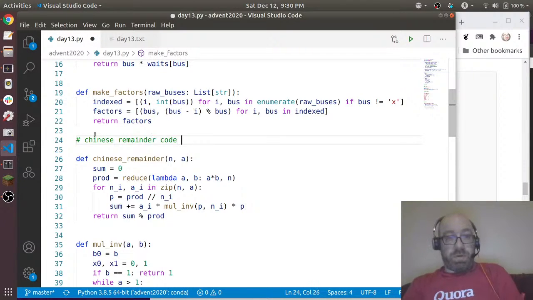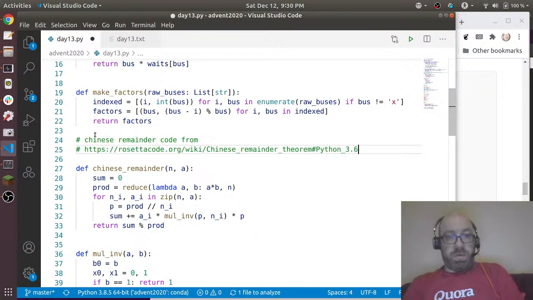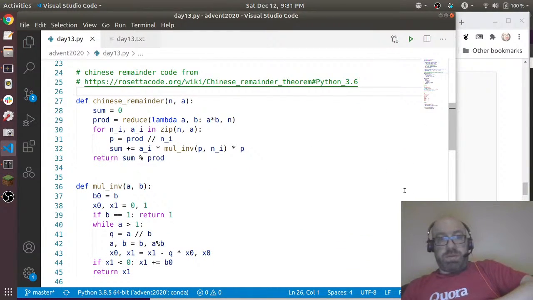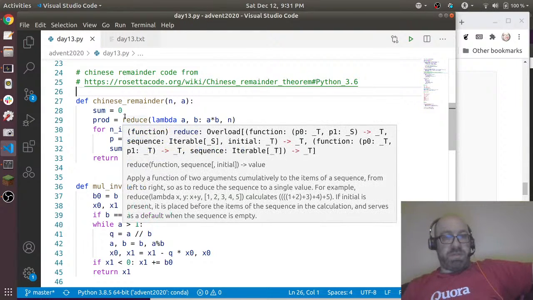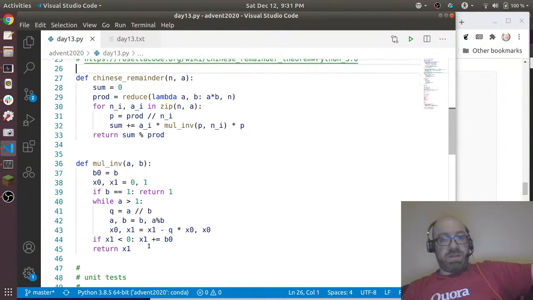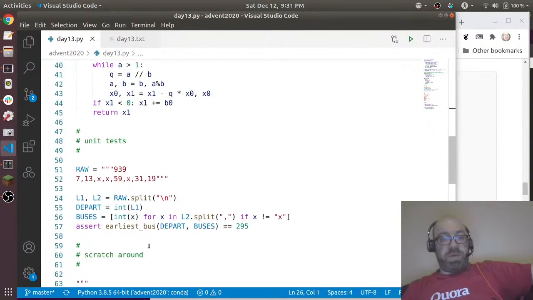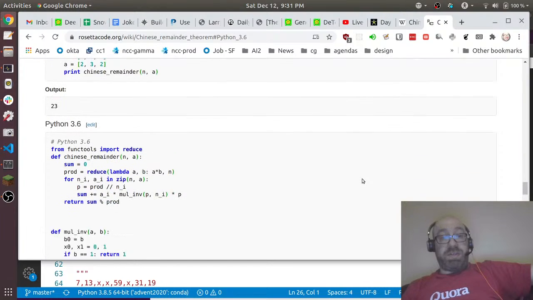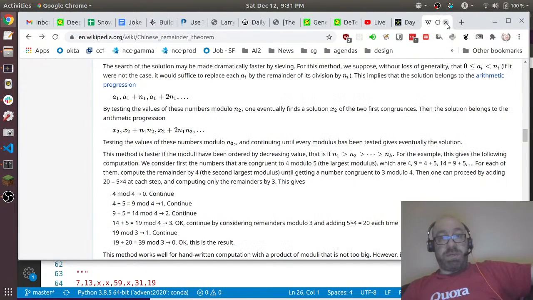Chinese remainder code from here. Okay. And so this says that, honestly, I can't make sense of this right now. This is not the code the way I would have written it, but yeah. So good times. Chinese remainder theorem.